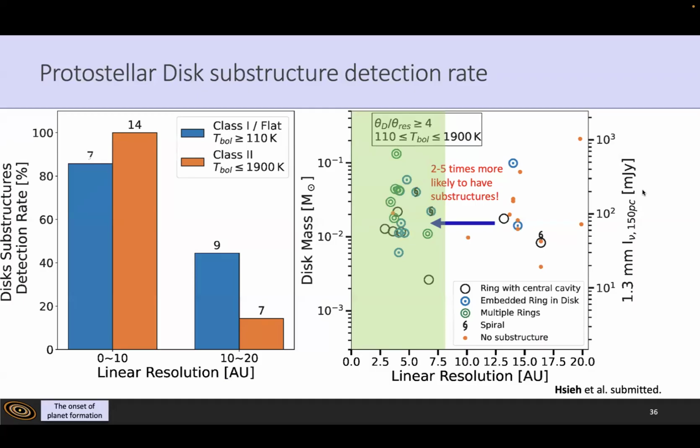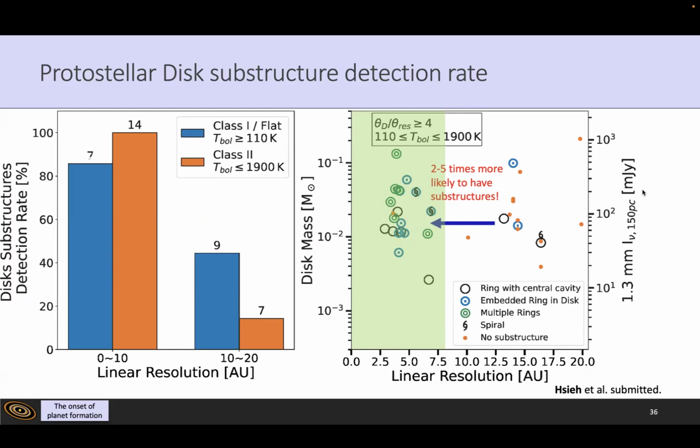So this is telling us that if you take into account all the observational bias, protostellar disk substructures are not rare. The Class 1 substructure detection rate is comparable with what we're seeing in Class 2.